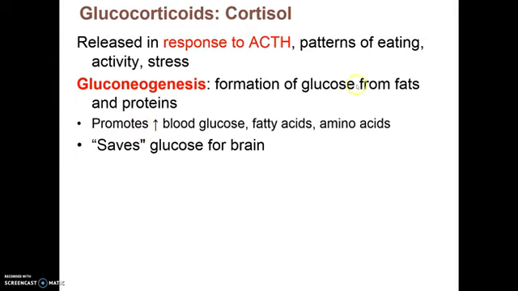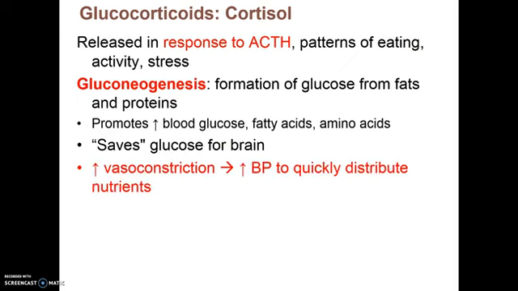So glucose is formed by the breakdown of fats and proteins. It promotes uptake of blood glucose and it saves glucose for the brain. So it is known as the glucose sparing effect because it saves glucose for the brain.